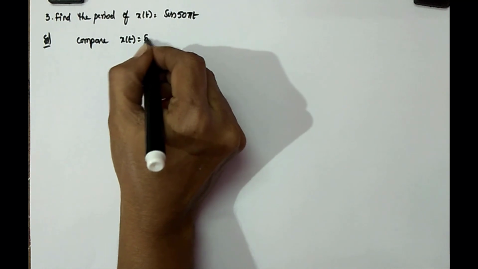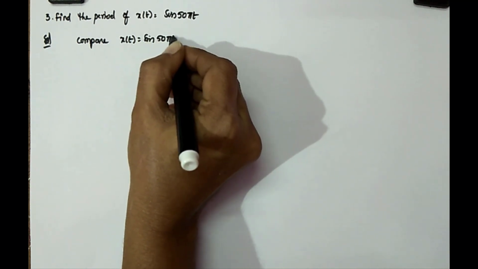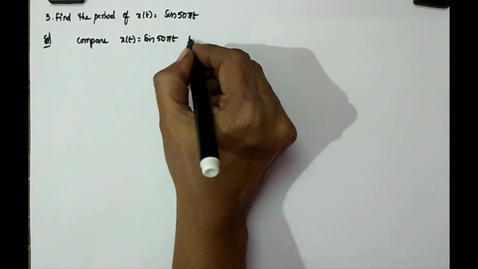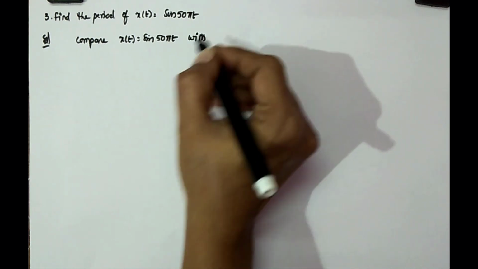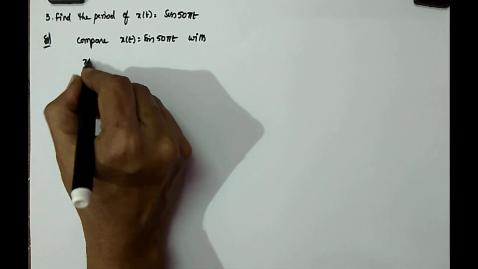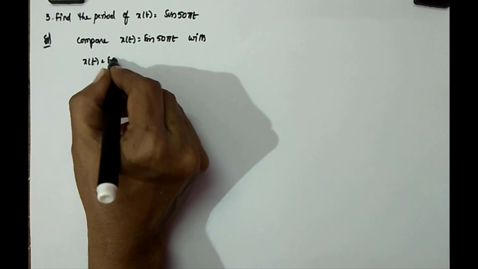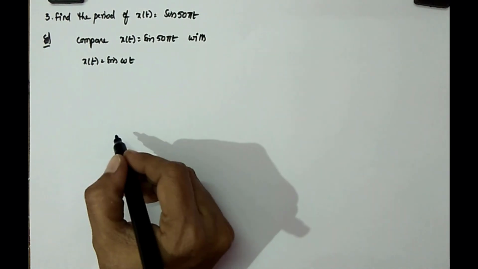Compare x of t equal to sine 50 pi t with the general expression x of t equal to sine omega t. So if you compare, what is omega?